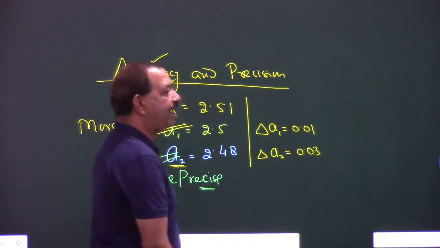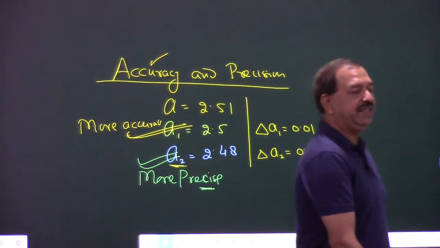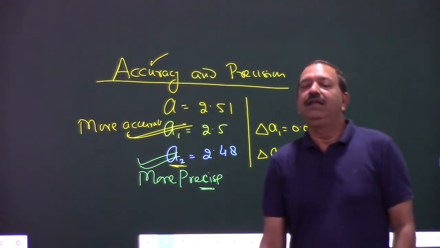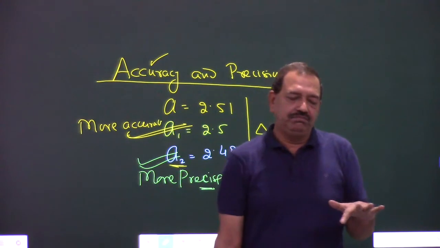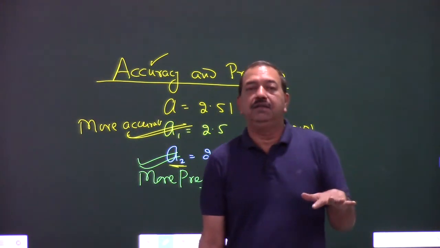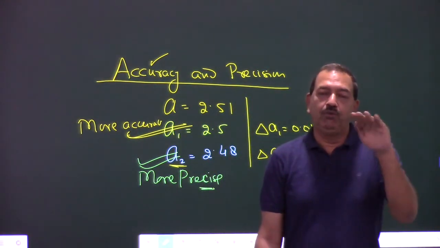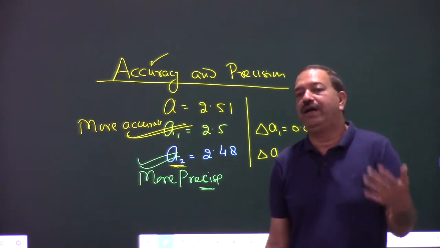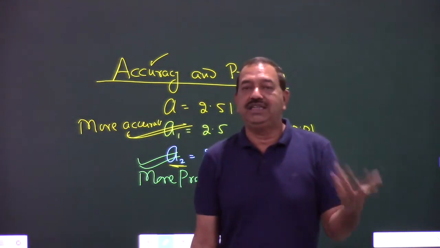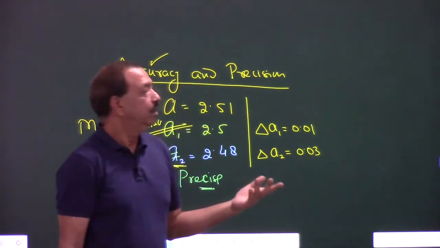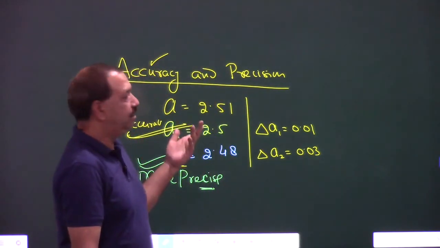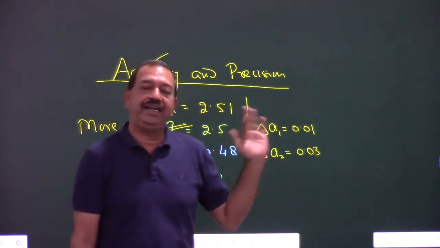I chose this example to explain the difference between accuracy and precision, because these two are taken like they are the same thing. के same ही चीज है. तो in fact, what is more precise is usually more accurate. Generally जो ज़्यादा precise होते हैं वो ही ज़्यादा accurate भी होती है. But we know the difference between precision and accuracy.